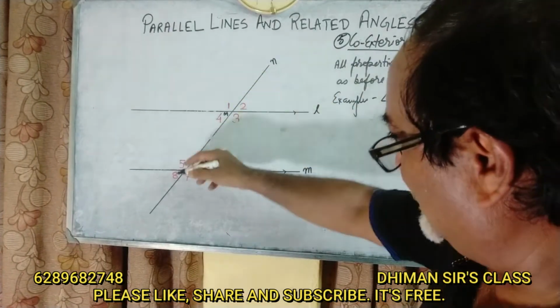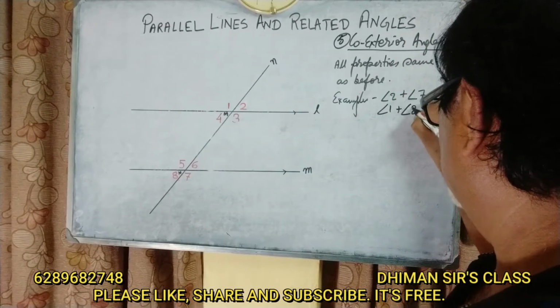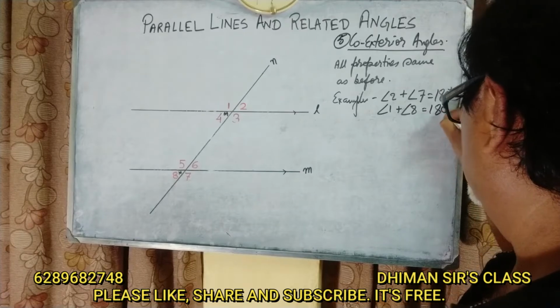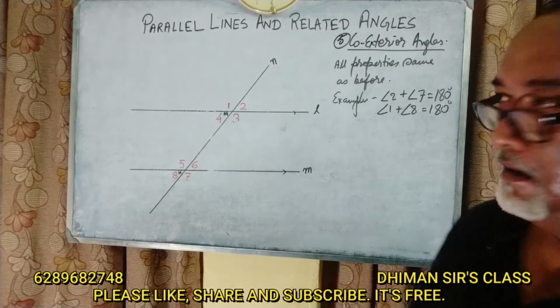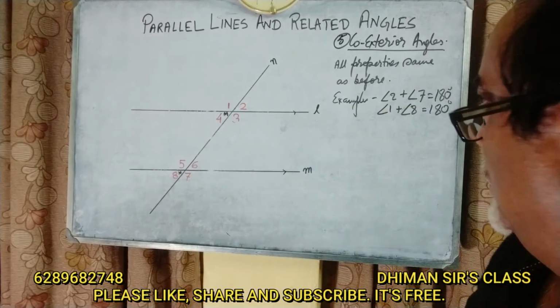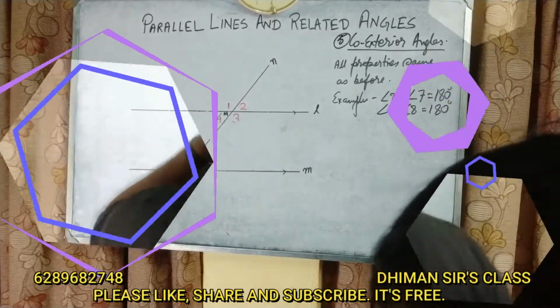Then angle 1 plus angle 8 equals 180 degree. Co-exterior angles. Now, pause it, note it down. Let's move on to the next topic.